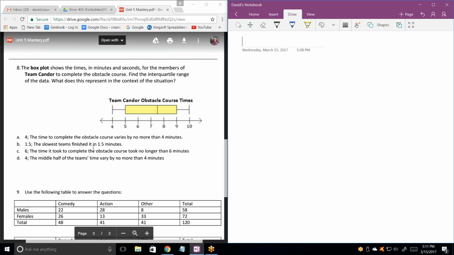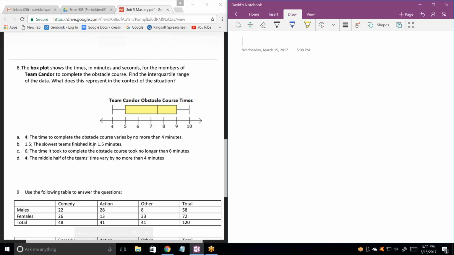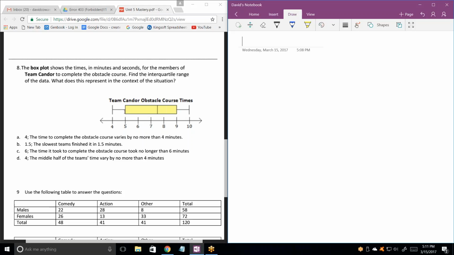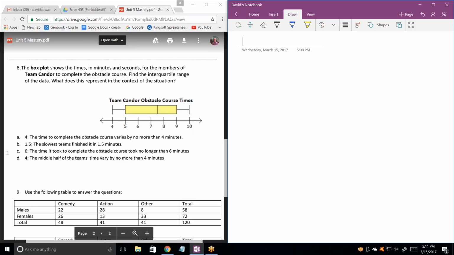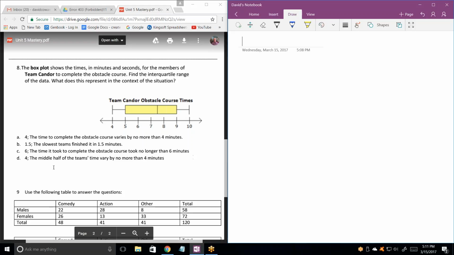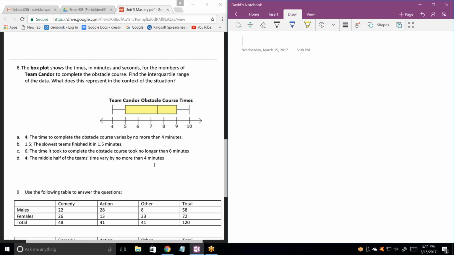1.5, the slowest teams finished in 1.5 minutes. Well, that's clearly not correct. The finishing times were between 4 and 10 minutes. 6, the time it took to complete the obstacle course took no longer than 6 minutes. That's not correct. 4, the middle half of the team's time varied by no more than 4 minutes.